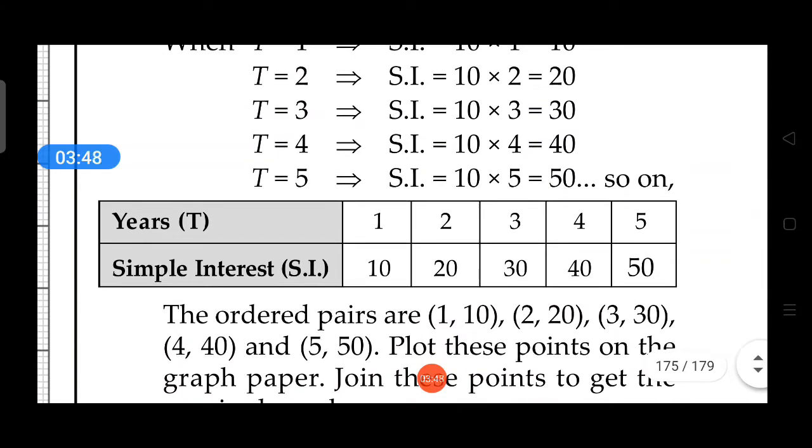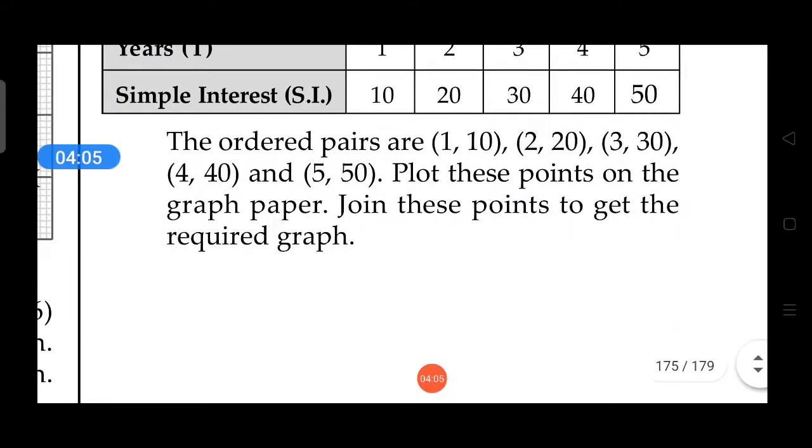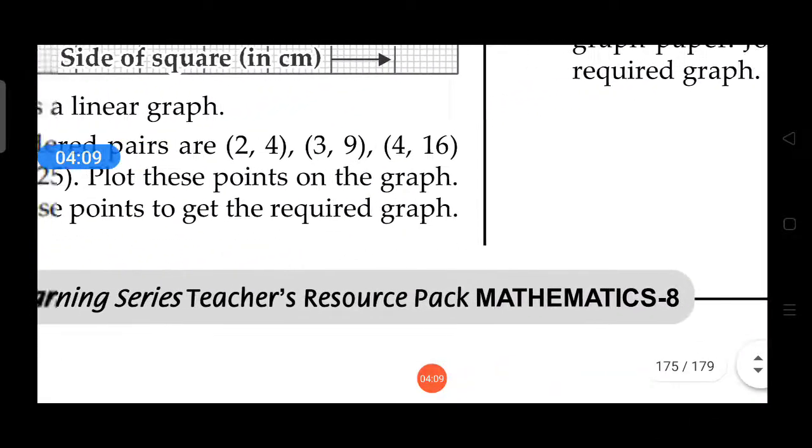So years we can consider 1, 2, 3, 4, 5, and simple interest is 10, 20, 30, 40 and 50. Then we have to write the ordered pairs (1, 10), (2, 20), (3, 30), (4, 40) and (5, 50), and join these points to get the required graph.